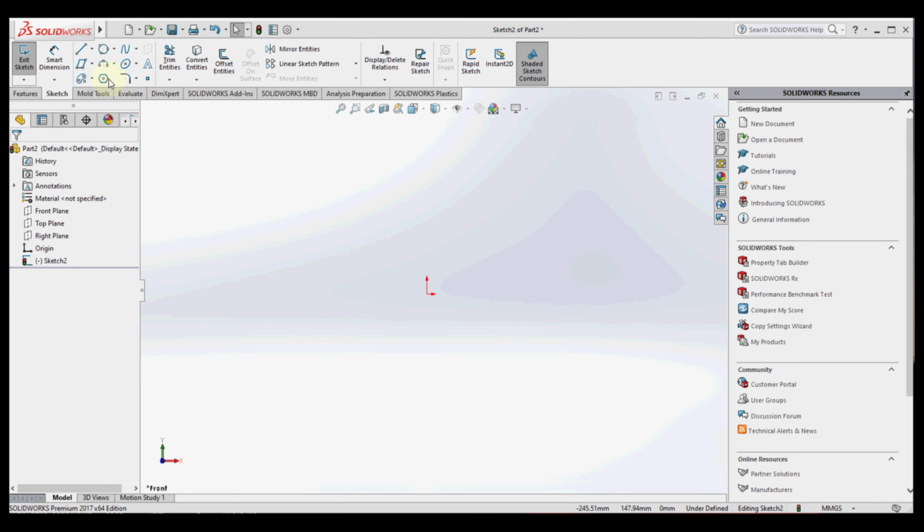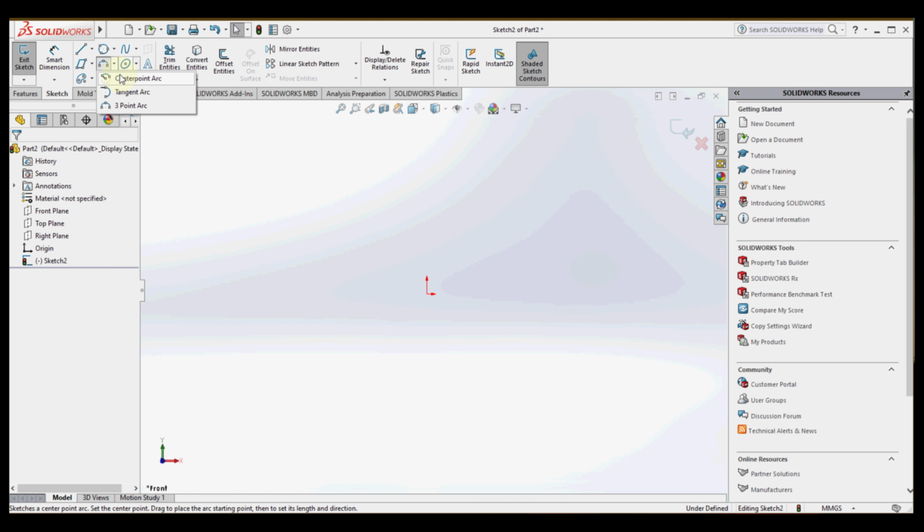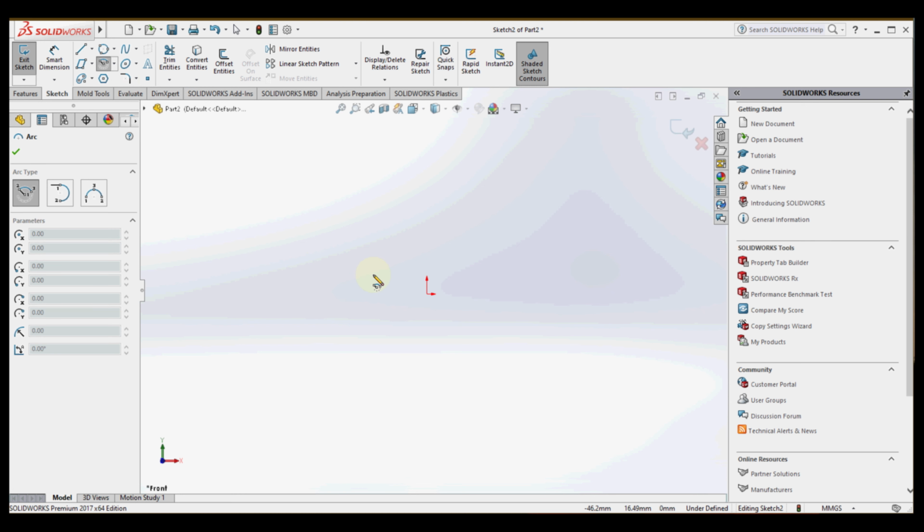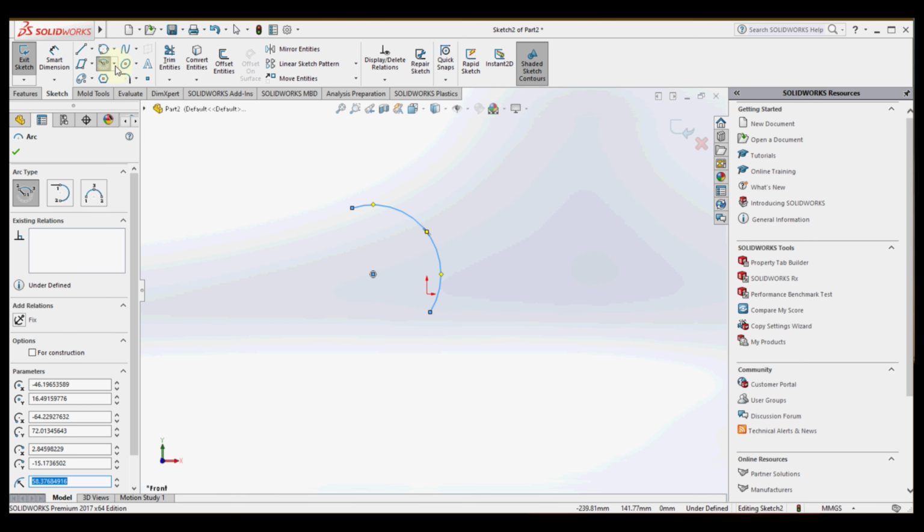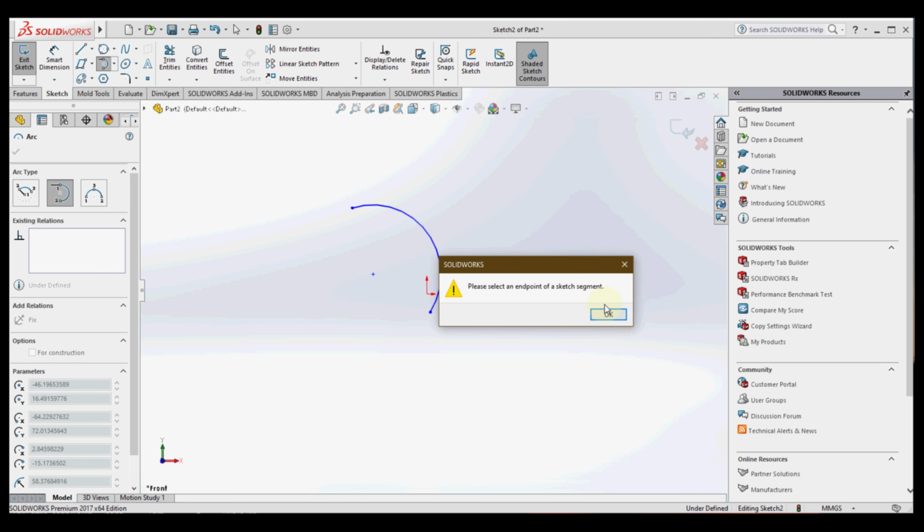The next topic is about arc. There are 3 types of arc. Center point arc is by placing the center point and fixing the radius. Tangent arc cannot be drawn individually and needs some other element of a sketch to draw.